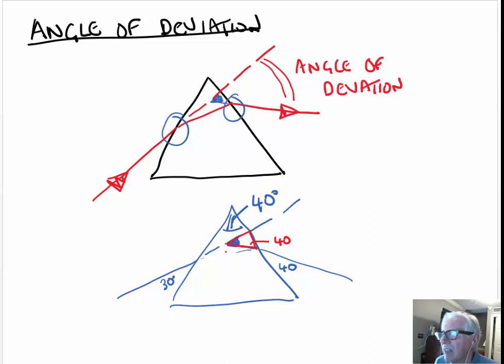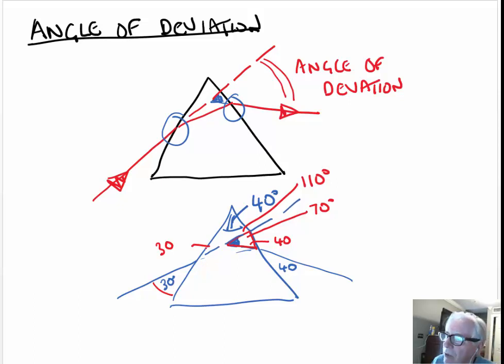Now I've got to find this angle at the top. If the angle down here is 30, the angle there is 30. And 30 and 40 make 70. So this angle here is 110 degrees, and if that is 110 degrees, then this angle on the other side must be 70 degrees.